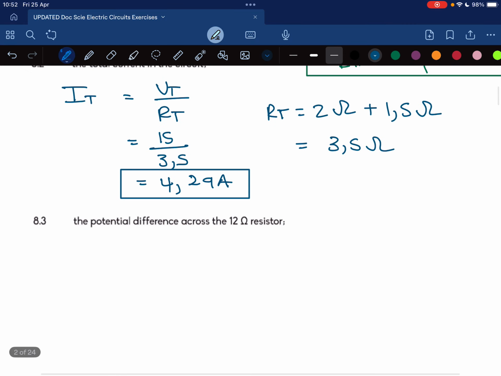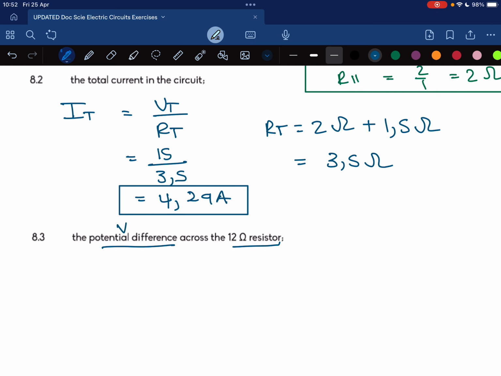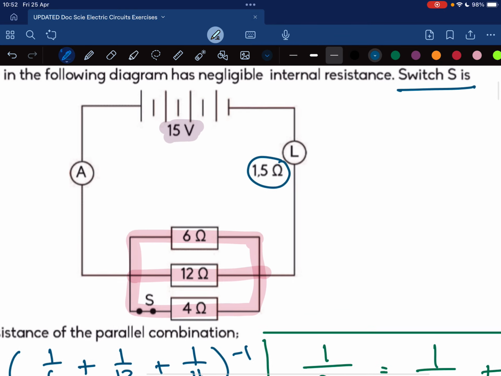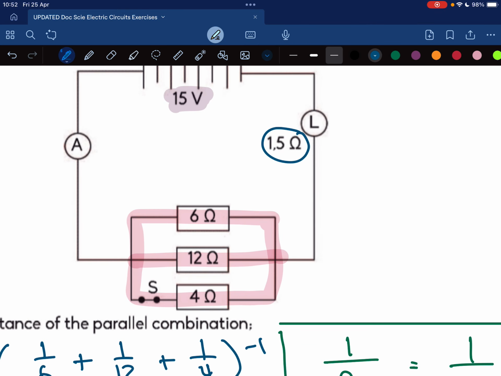Then it says, what is the potential difference across the 12 ohm resistor? Okay, so they want V on the 12 ohm resistor. Let's think.